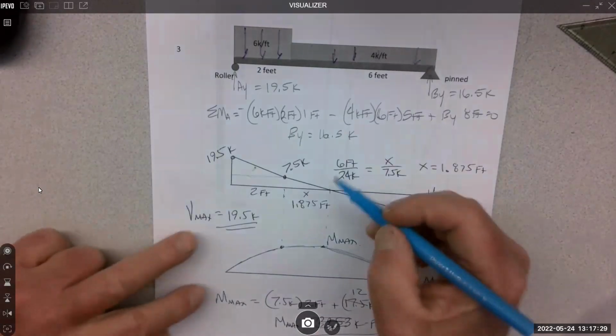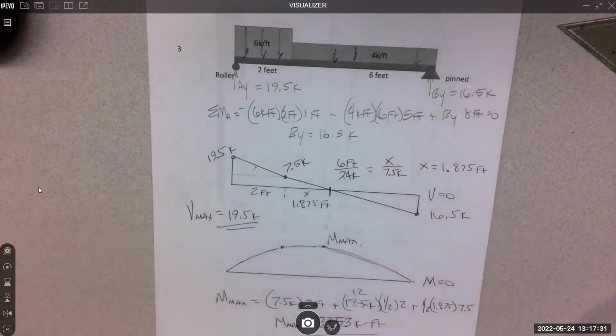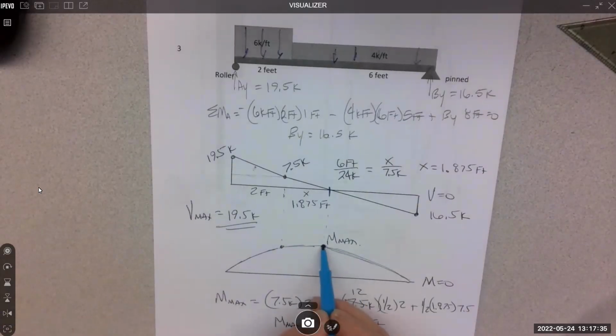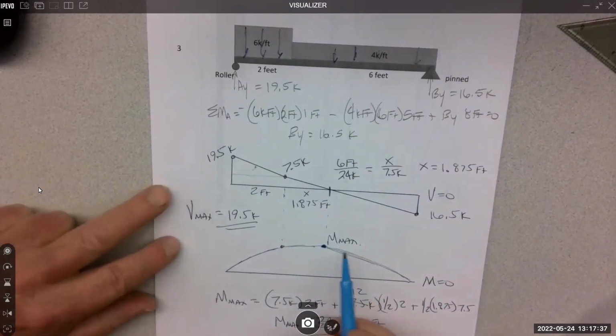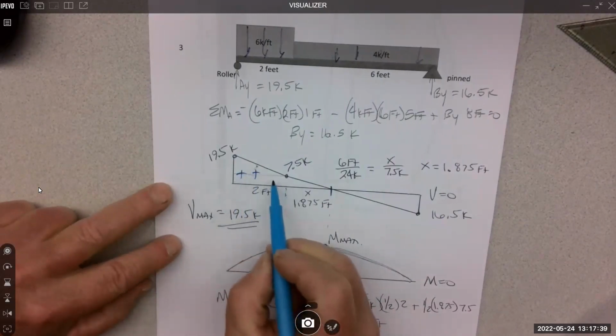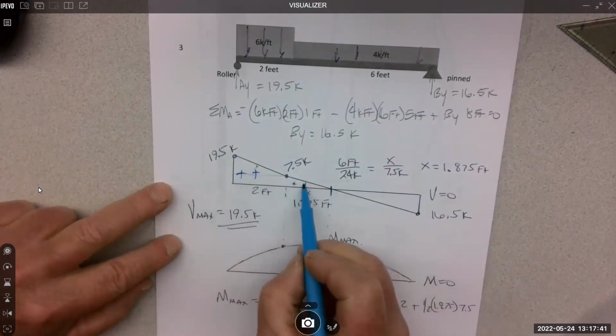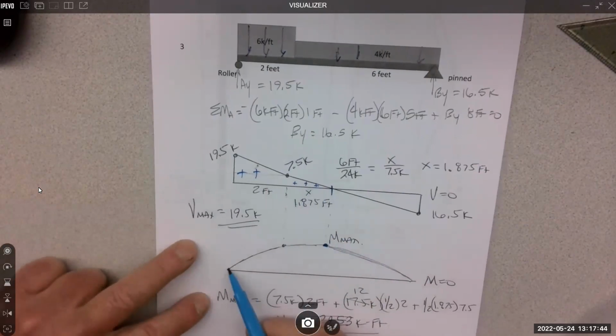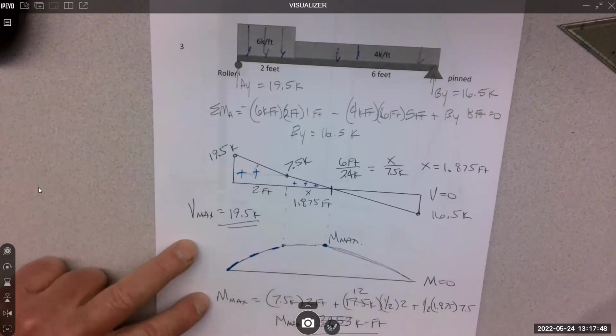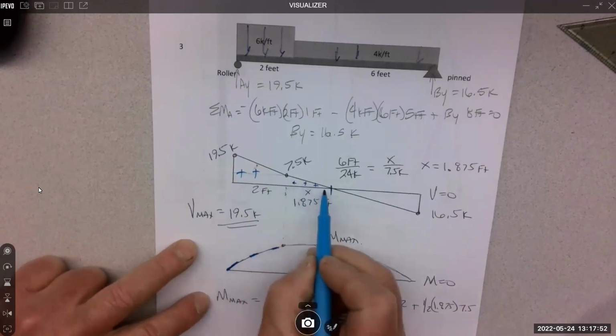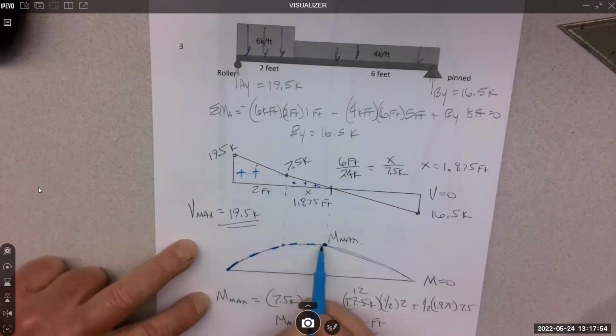And it's the same kind of problem. We had to determine where that crossing is to get the maximum moment. I know the moment is a positive curve, and then it changes to a little less positive curve, and then again, positive getting less positive.